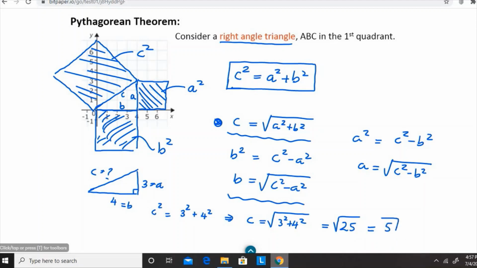Okay, so that's how you use the Pythagorean theorem to find an unknown side of a given right angle triangle. If the other two sides are given, you can use this very quickly to find the length of that third side. So this is the Pythagorean theorem.